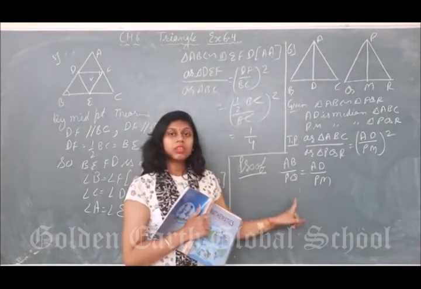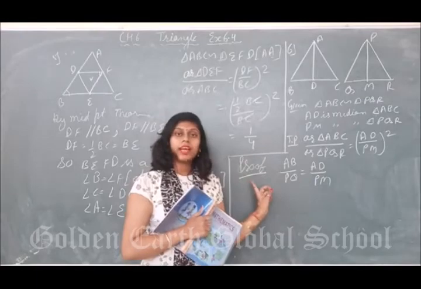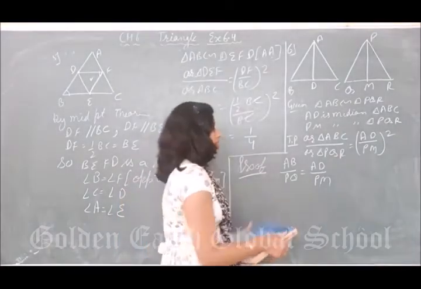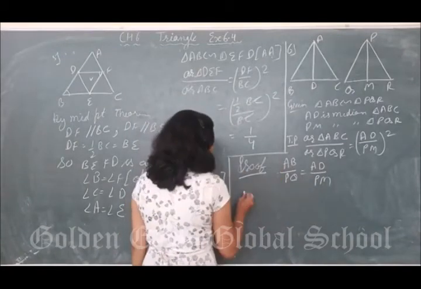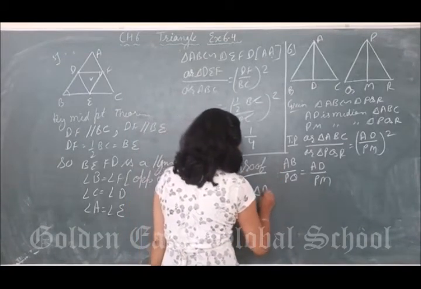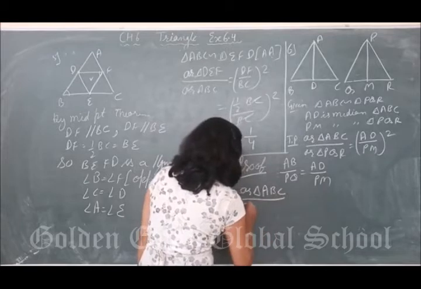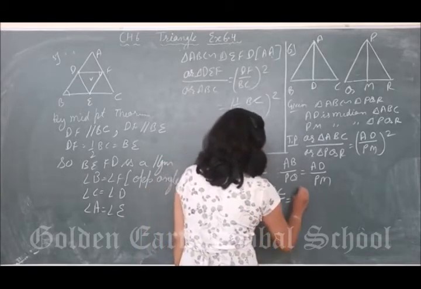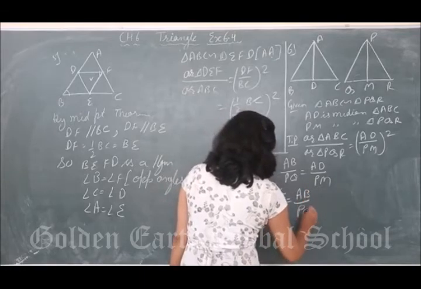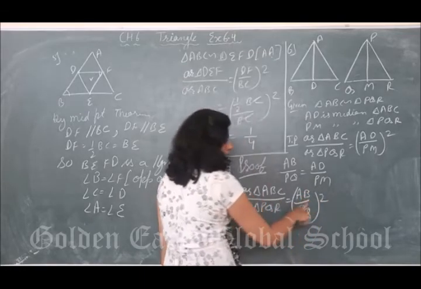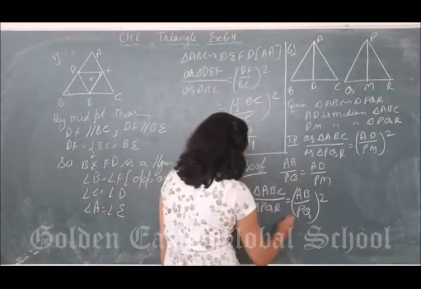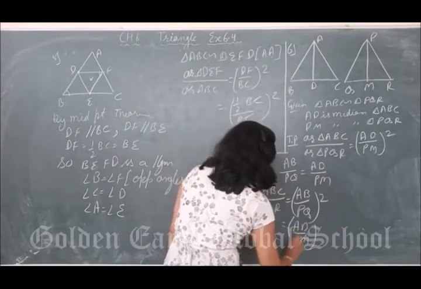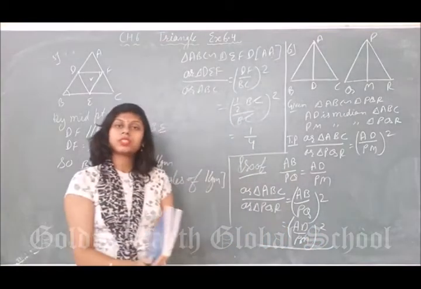If it comes in 4 marks, then you can write that complete result. Otherwise you can use the direct result. So apply the theorem. Area of triangle ABC upon area of triangle PQR is equal to the ratio of their corresponding sides squared. Now replace AB and PQ by AD and PM. Clear? So this is the result.